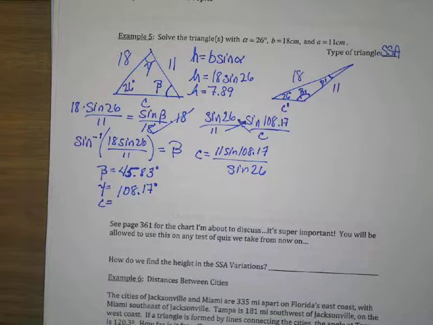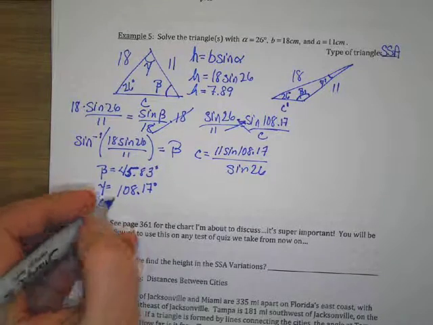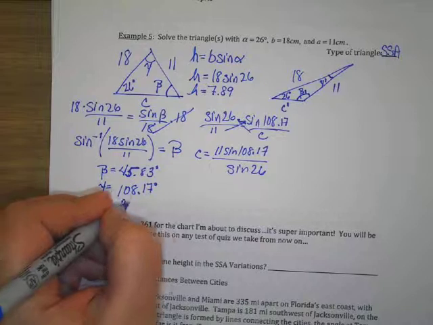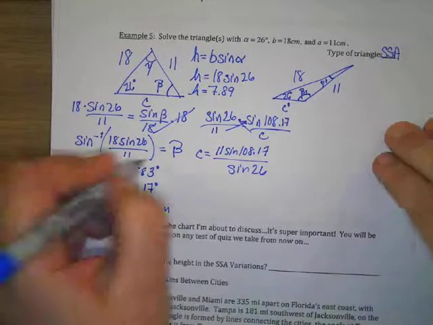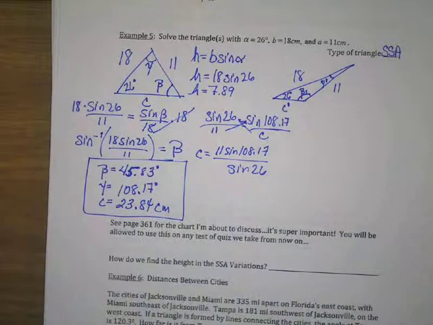I had 23.8. That's what I got too. Make sure you didn't lose a number. And we're in centimeters. So the first triangle, exact same, yes?